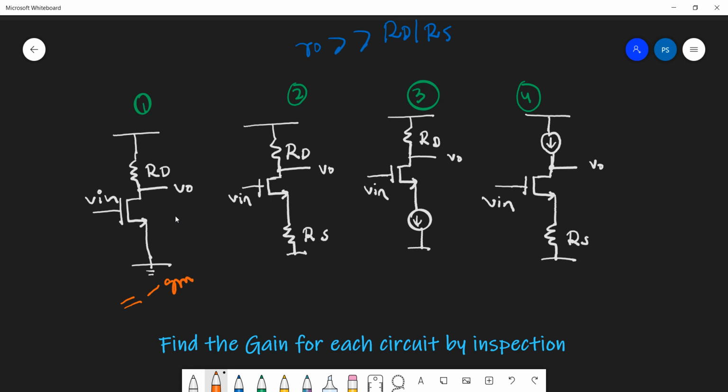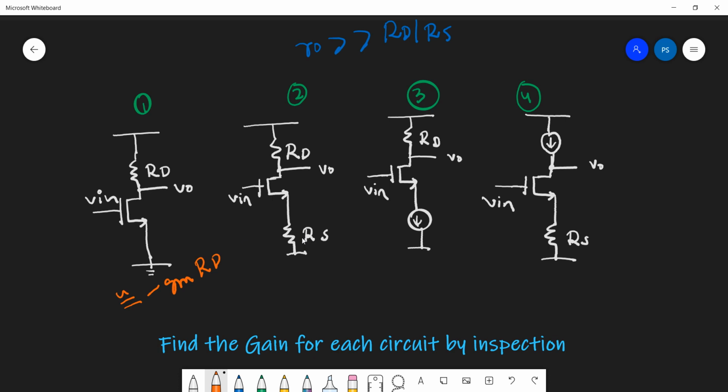This is a simple common source amplifier, and the total output resistance can be approximated to just RD. So minus gm into RD is the approximate gain. Why am I saying approximate? Because I assumed that the total output resistance is just RD, because the resistance looking downward is really very high.